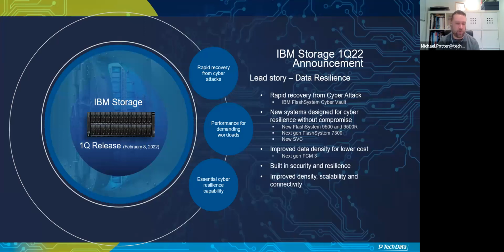In this particular session, I'm going to mainly focus on the hardware, because we're looking at how we can get to a sweet spot configuration. So I'm not going to go into too much depth around the data resilience piece, but essentially they've created an offering called Cyber Vault, which in effect is a blueprint made up of a combination of items such as Safeguarded Copy, Copy Services Manager, and of course FlashSystems, and then feeding into that products such as QRadar and IBM Guardium.